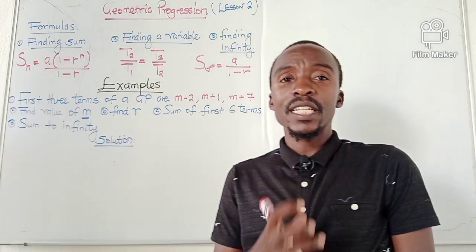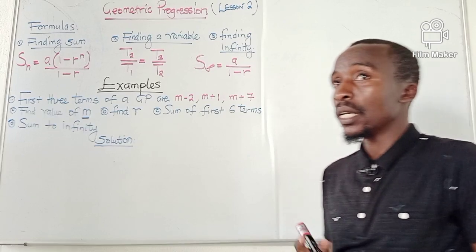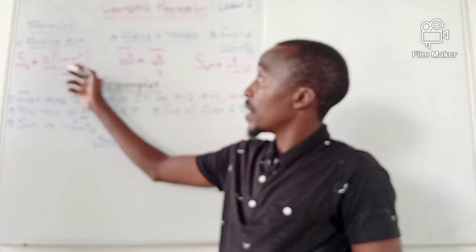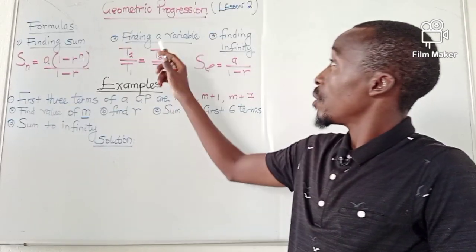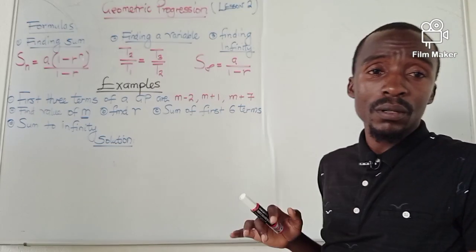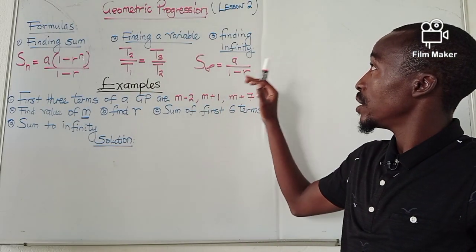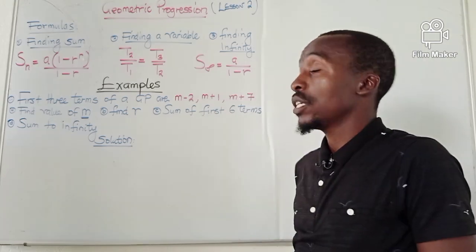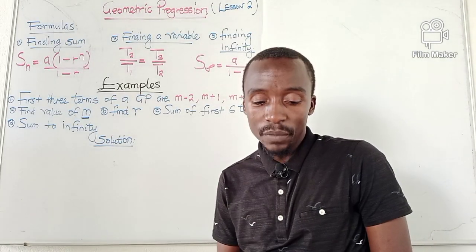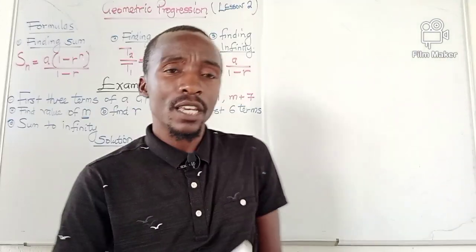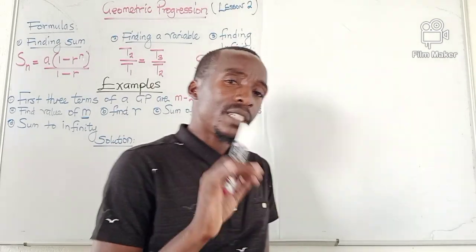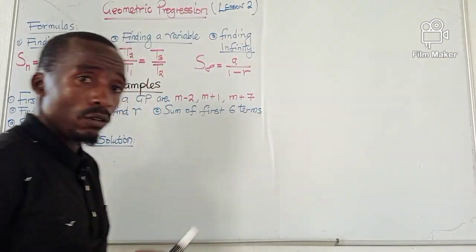In today's lesson, we'll only concentrate on how to find the sum, how to find the variable, and also how to find the sum to infinity. Come with me, let us look at a few examples. By the time we are done, you'll be good to go.